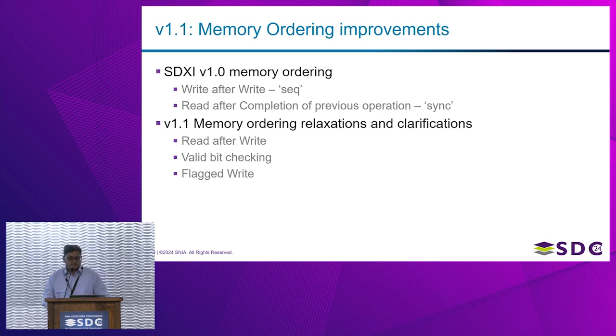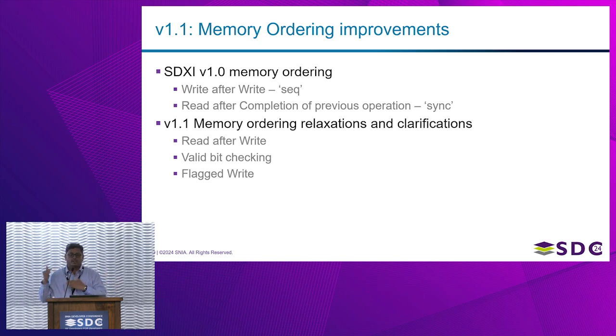Some more ordering improvements. For example, in 1.0, we did allow a flag in the descriptor that said all the writes on this descriptor will follow the writes from the previous descriptor. That's the write-after-write ordering. And the same thing you can do for all the operations that this descriptor does: they need to follow after completions from the previous descriptor.